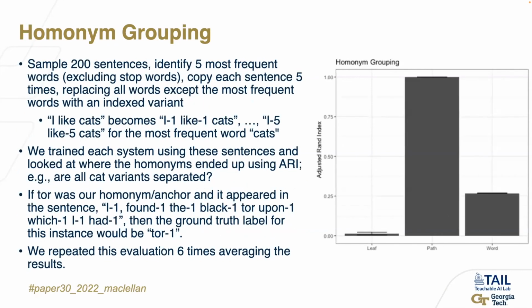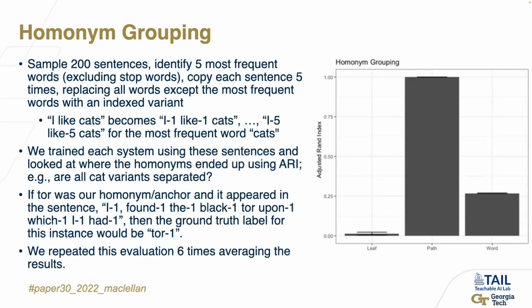So next we look at homonyms. The homonym grouping task used a similar process to generating our data. So we took 200 sentences, we found the 5 most frequent words, we copied the sentences 5 times. But here, instead of replacing the most frequent word with an indexed variant, we actually replace all the words around it.